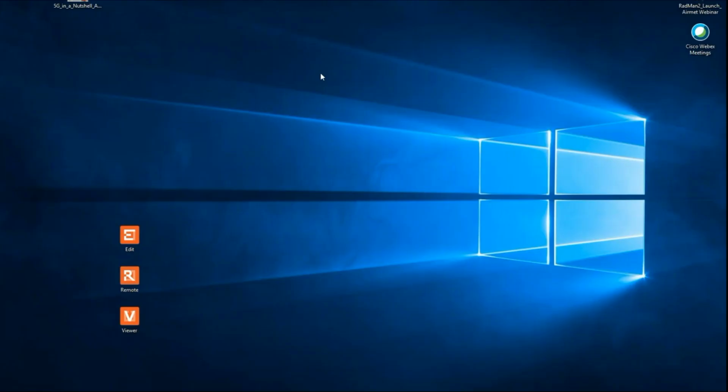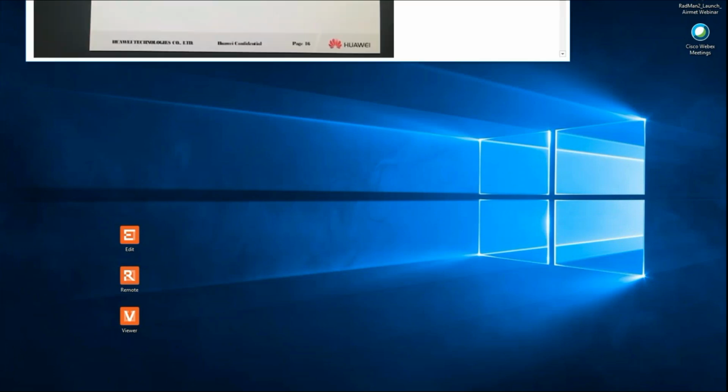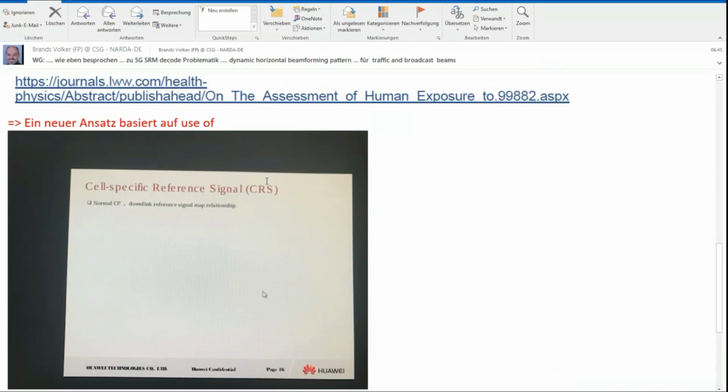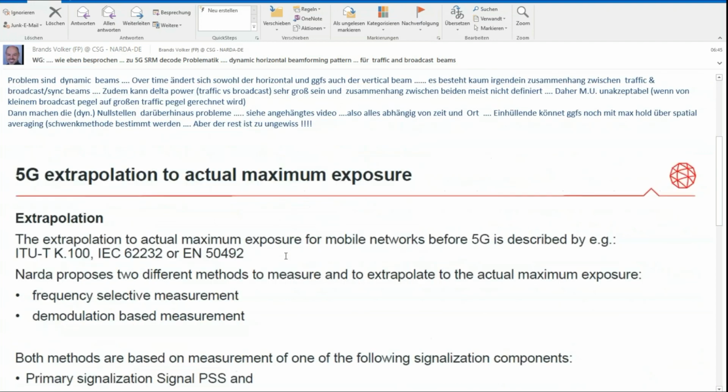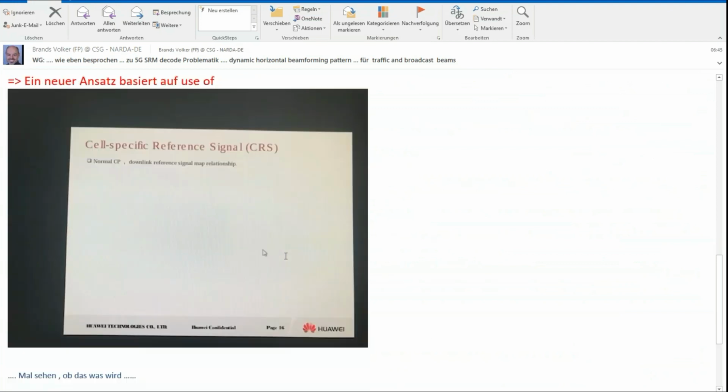Before we come to the end, I'd like to give you an outlook. That is the reason why we are checking with the manufacturers which signal can be used and which signal has a clear ratio between broadcast power and traffic beam power.